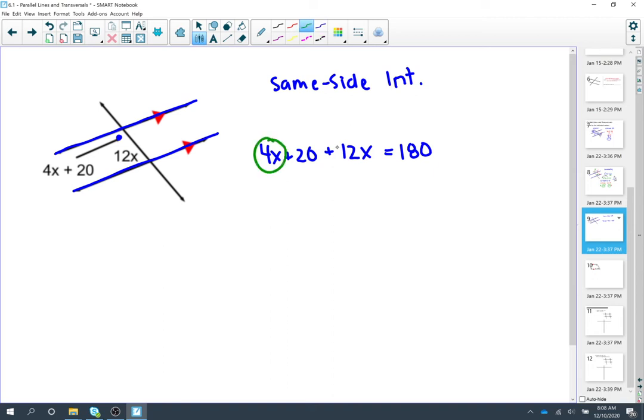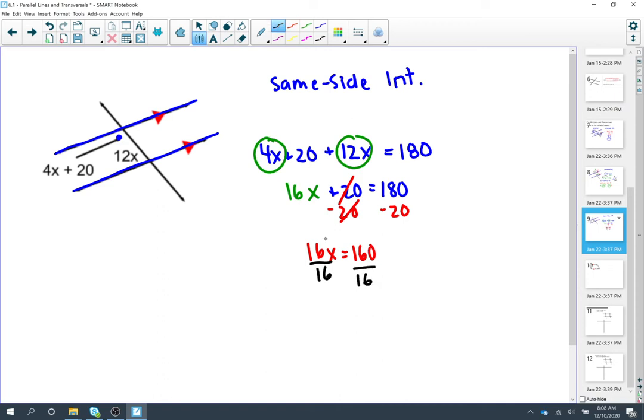Then we're going to take our 4x, add it to our 12x, 16x plus 20 equals 180. We're going to subtract 20, which is going to give us 16x equals 160. Then we're going to divide by 16. X equals 10.